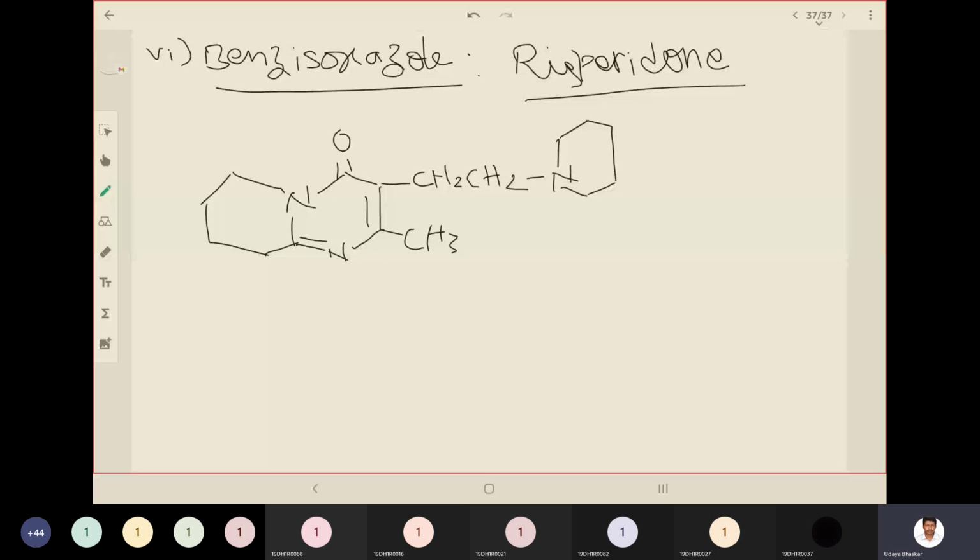The structure of molindone hydrochloride looks like this.